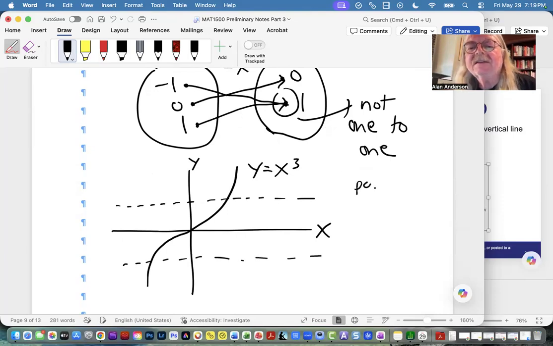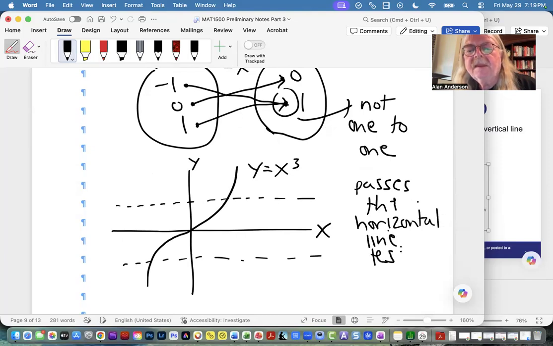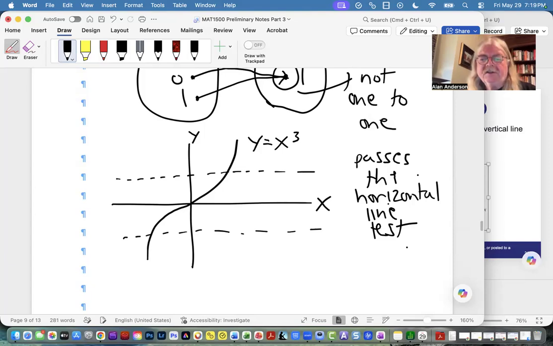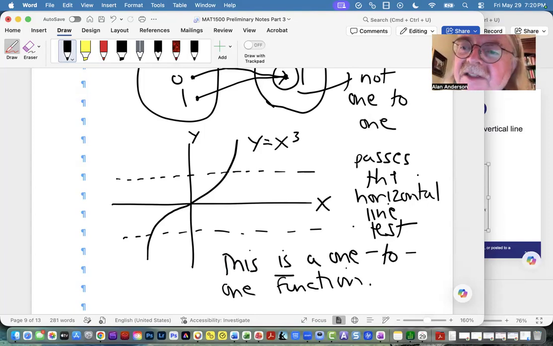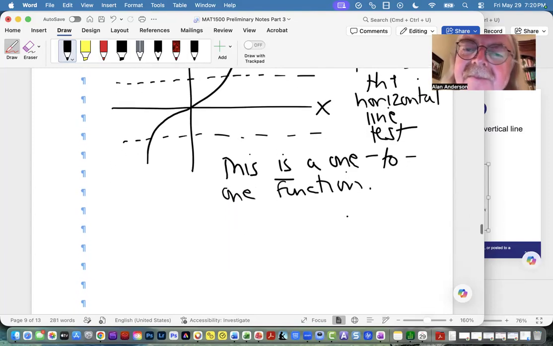Aha, so this one passes the horizontal line test, and therefore is a one-to-one function. All right, and that means it has an inverse.